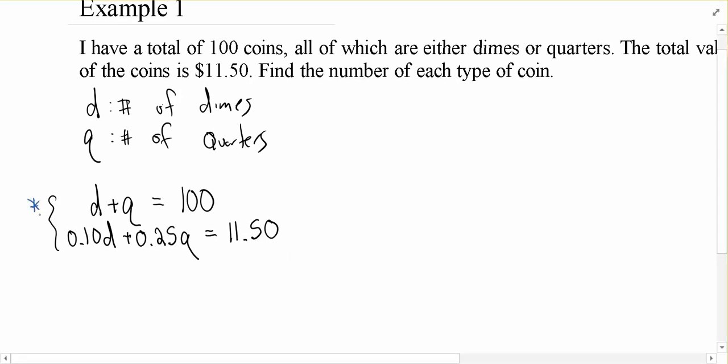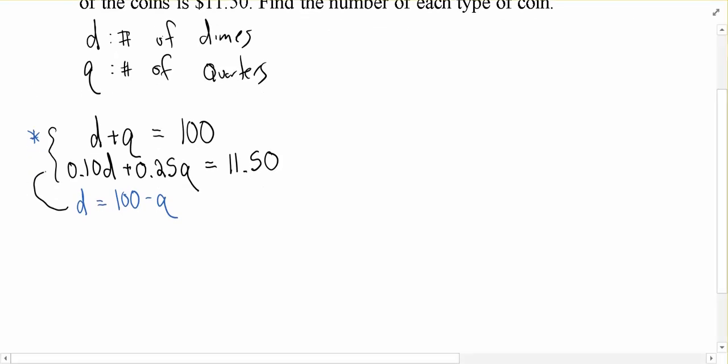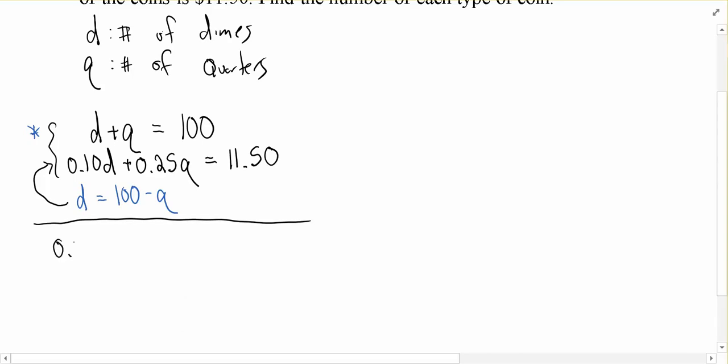I would look at that first equation and say, I can solve for D pretty easily as 100 minus Q. I could then take that and plug it into the second equation, and I'm going to get 0.10 times, now instead of D, 100 minus Q, plus my 0.25Q equals 1150.